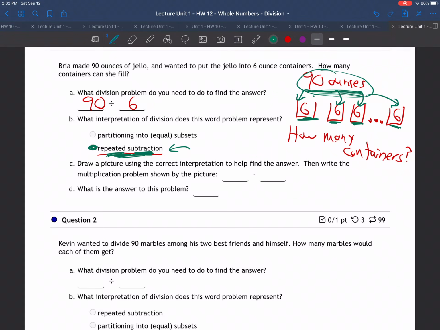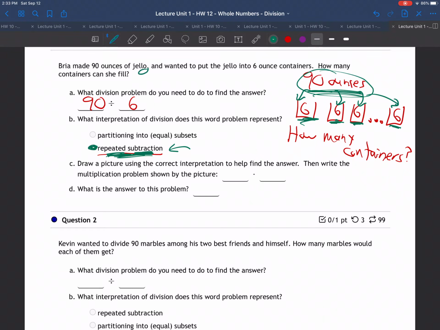Yes, we are making a bunch of same size little sets, but we didn't mainly come in here and go, okay, what I want to do is make a bunch of little sets. We mainly thought, I'm going to pour out 6. You might wonder, well, how would you know the difference? We did make a bunch of sets.